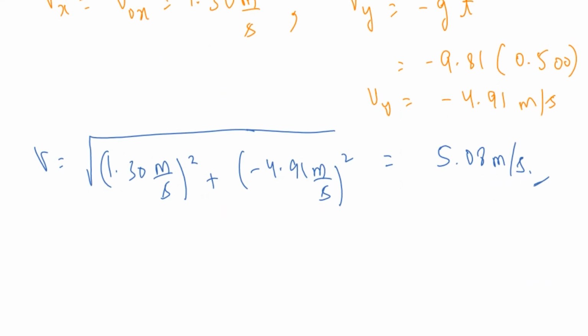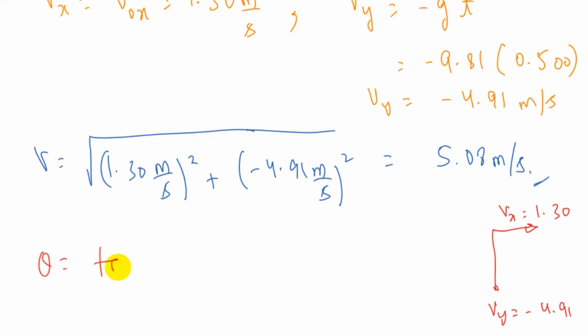Now next, we have to find the direction. So let me draw the vector diagram first. This is our Vy and this is our Vx. This is 1.30 meter per second and this is negative 4.91 meter per second. Now theta we have to find.